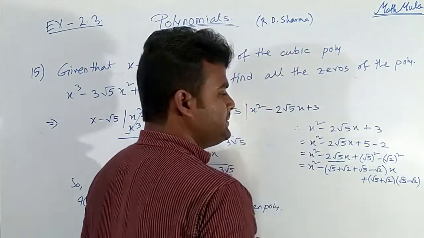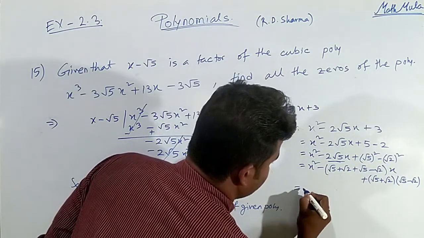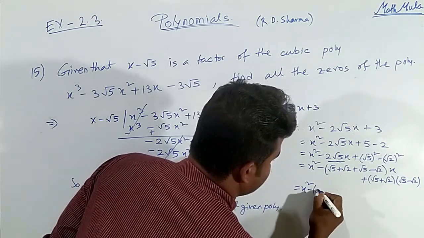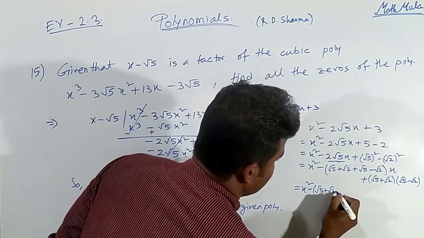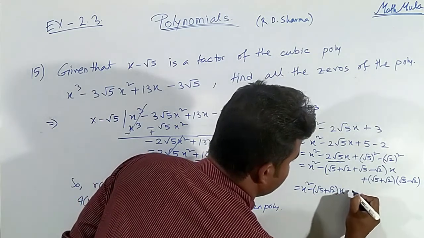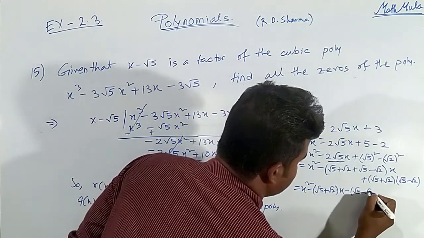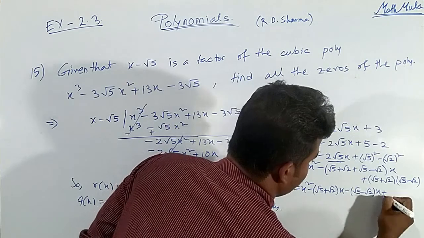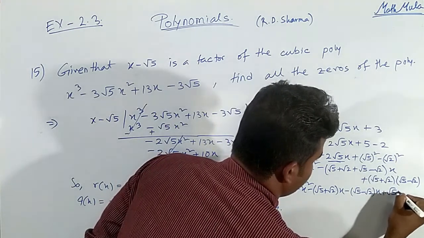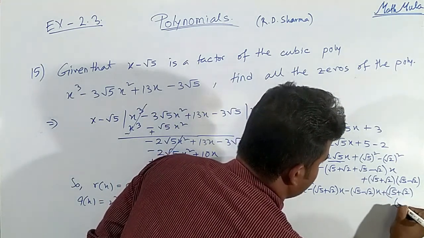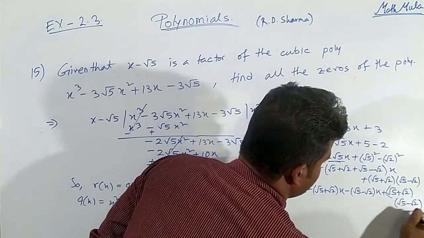Now this can be written x square minus root 5 plus root 2 x minus root 5 minus root 2 x plus root 5 plus root 2 into root 5 minus root 2.